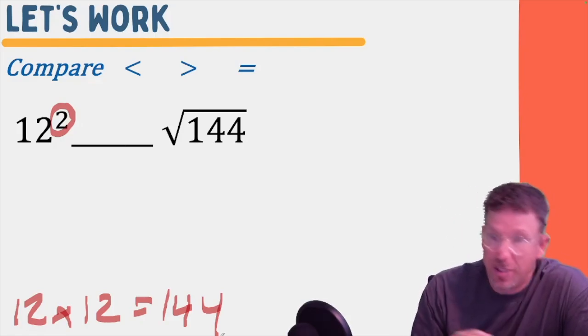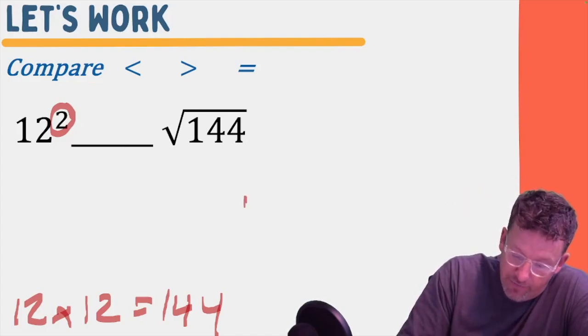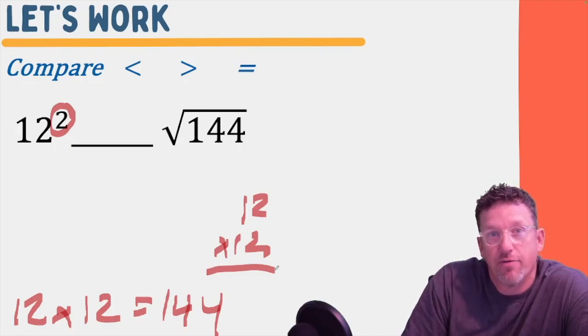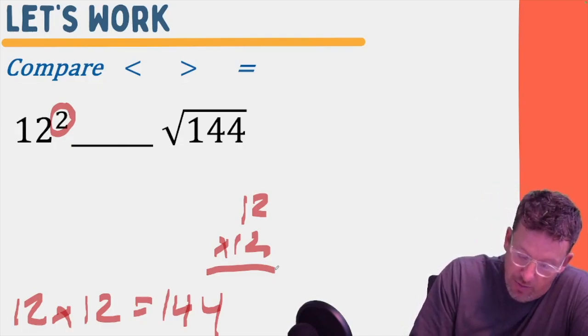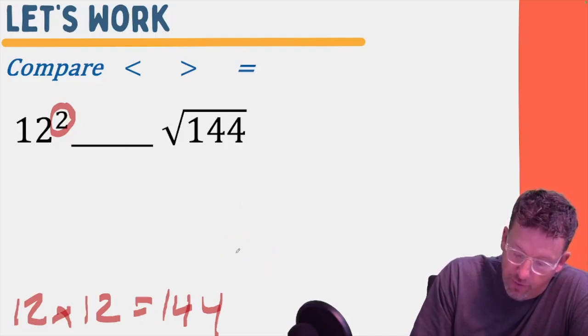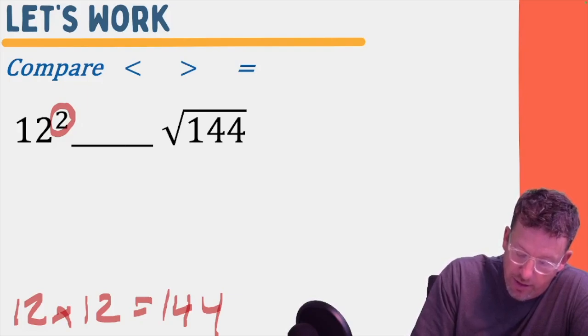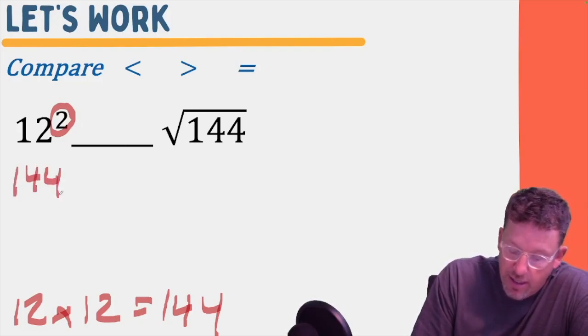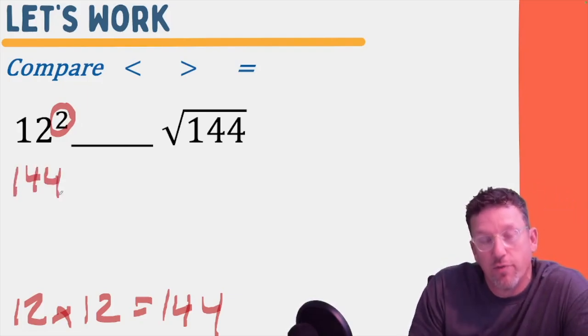Some of you may do the standard algorithm, if you've ever heard that phrase, where it's 12 times 12 and we multiply them vertically like that. But we just did it, and we know that 12 times 12 is equal to 144. So we know we have an integer over here that equals 144. Over here we have the square root of 144.